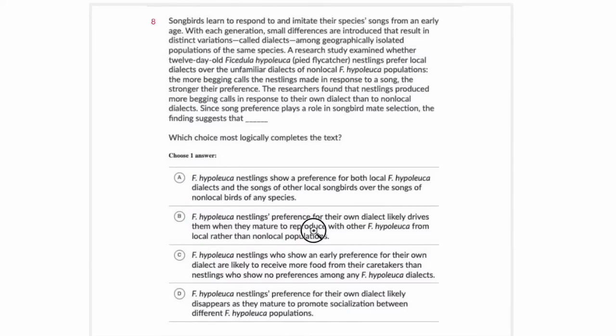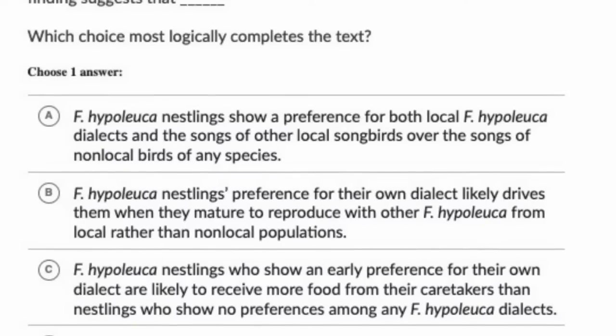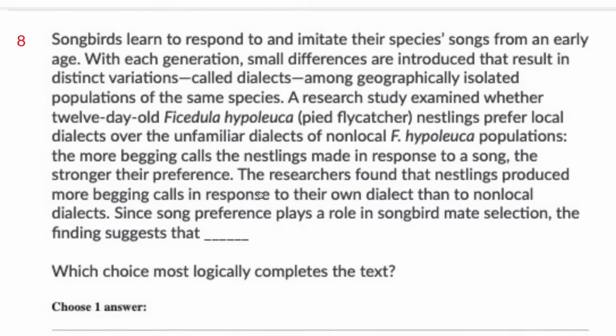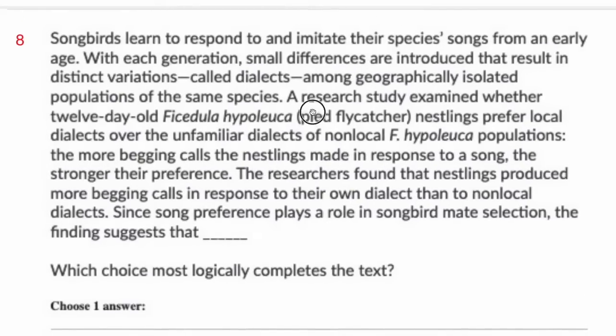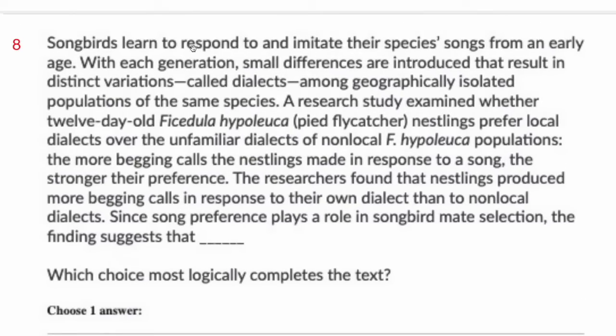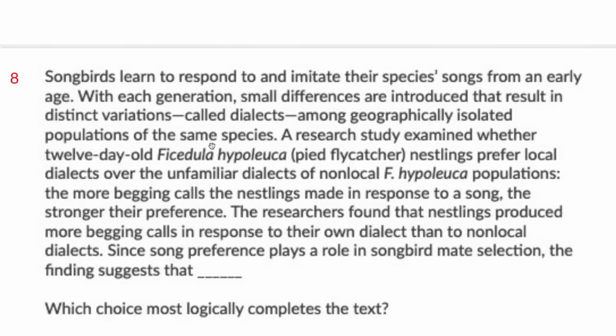And then the last one here. Songbirds learn to respond to and imitate their species' songs from an early age. With each generation, small differences are introduced that result in distinct variations called dialects among geographically isolated populations of the same species.